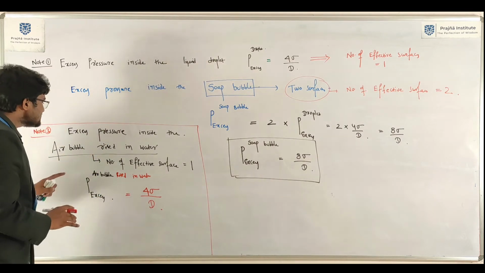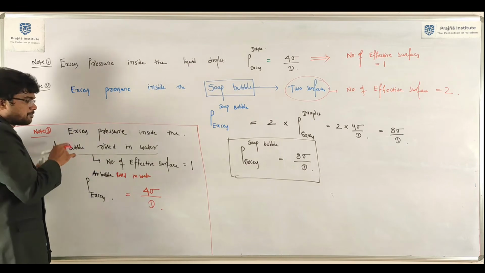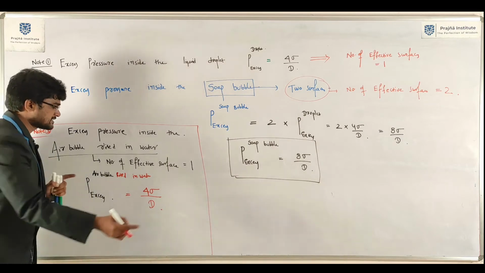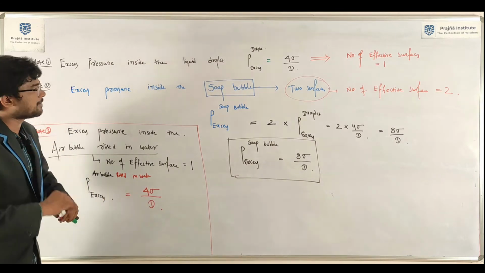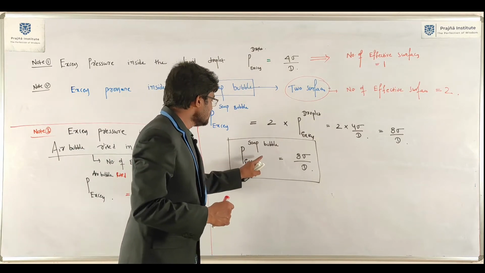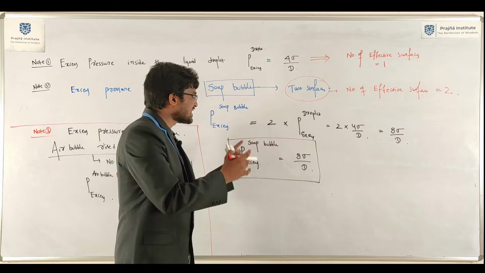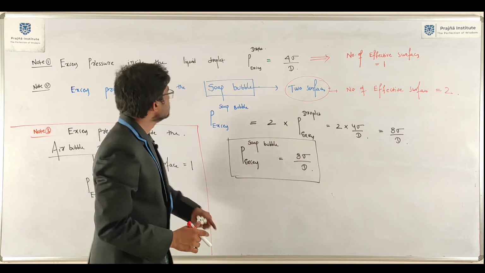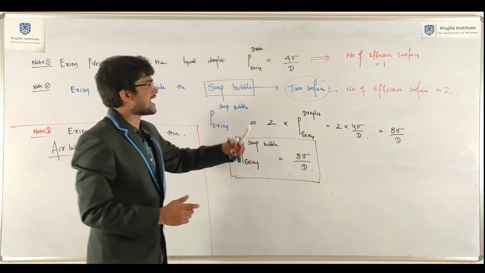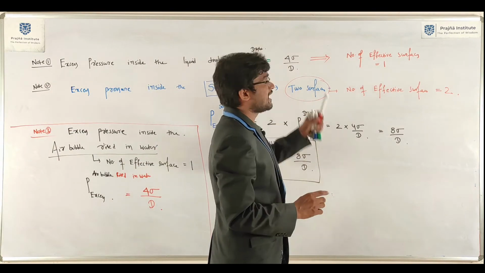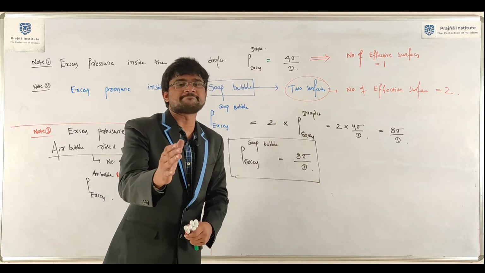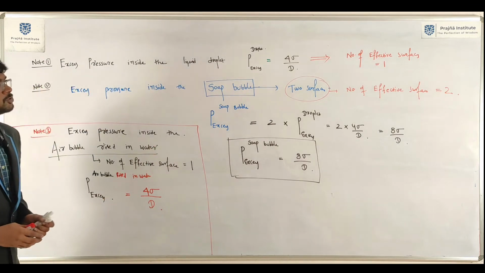What is the pressure inside the air bubble raised in water? It has 1 effective surface, that is why it equals 4 sigma by D. A soap bubble has 2 effective surfaces, so the excess pressure inside the soap bubble is 8 sigma by D. The liquid droplet has only 1 effective surface. We already proved that the excess pressure in a droplet is 4 sigma by D. Right, up to here.